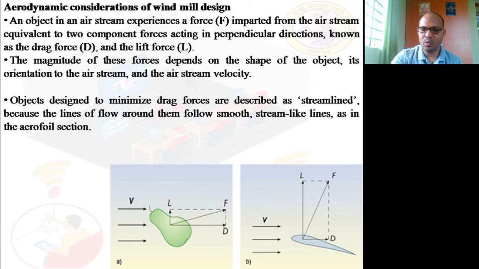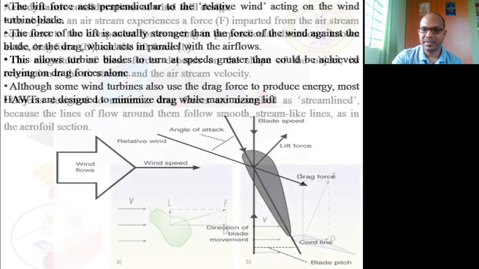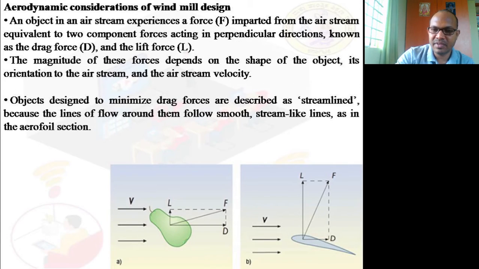Now, I don't want to go much deeper. I just want to explain this figure a bit more. Take any regular shape, with the wind blowing, or it may be water or anything else. When the air, coming with a certain velocity, finds an obstacle like this, the obstacle experiences two forces.